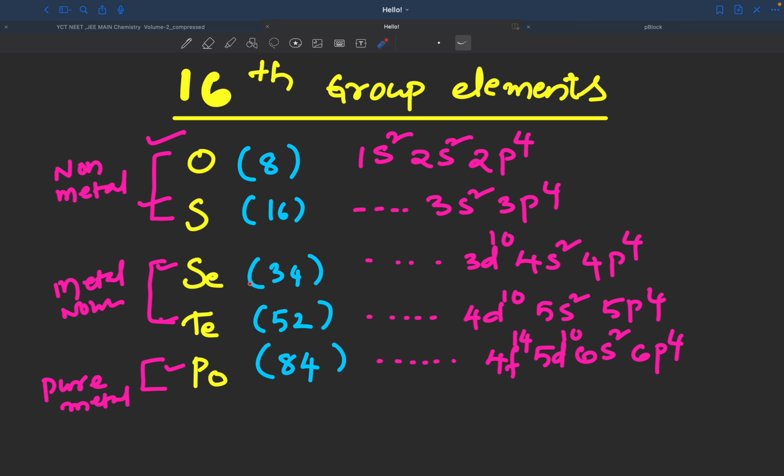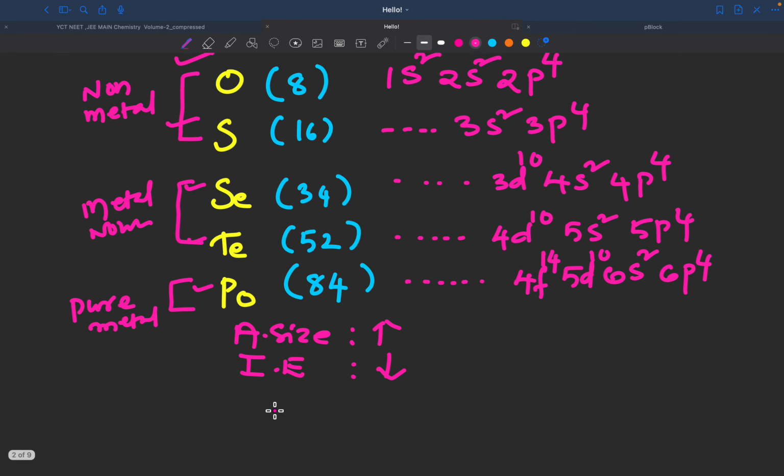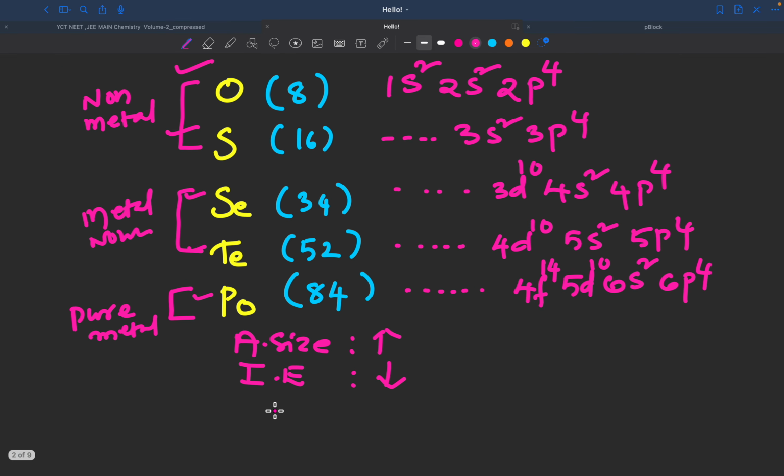Atomic size increases. Then you have to talk about ionization energy. Tell me, ionization energy and atomic size are inversely related, so ionization energy decreases from top to bottom.